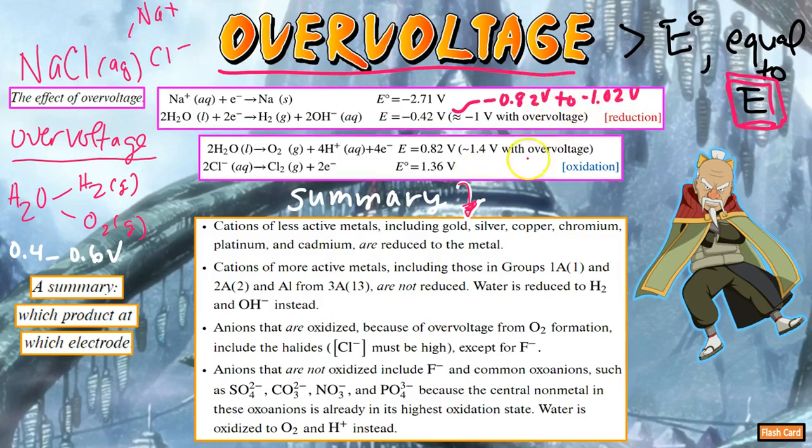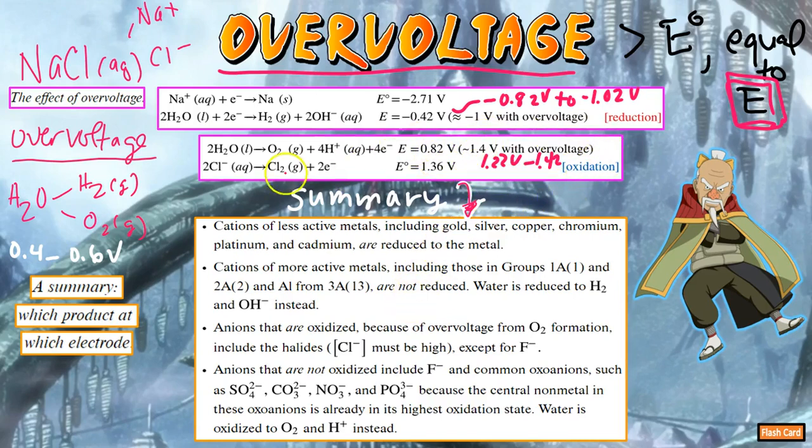So when you see this value, you're really going to say, okay, I'm at negative 0.82 volts to a negative 1.02 volts. You can do the same thing here when water is going to be oxidized, and therefore be at the anode potentially. If you have a non-standard cell potential of 0.82 volts, then of course you would add 0.4 to get your overall range there, and then that would be 1.22 volts up to 1.42 volts, because when you add 0.6 to 0.82, you get the 1.42.